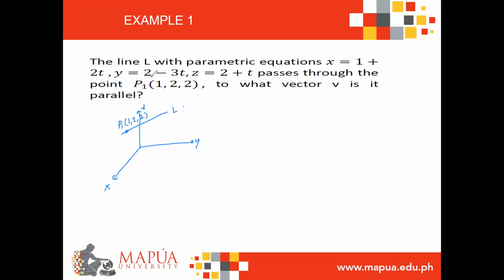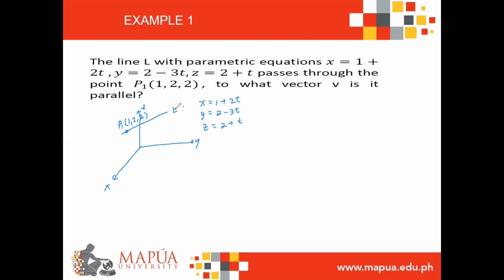And we have the parametric equation of your line L given as x equals 1 plus 2t, y equals 2 minus 3t, then z is equal to 2 plus t.